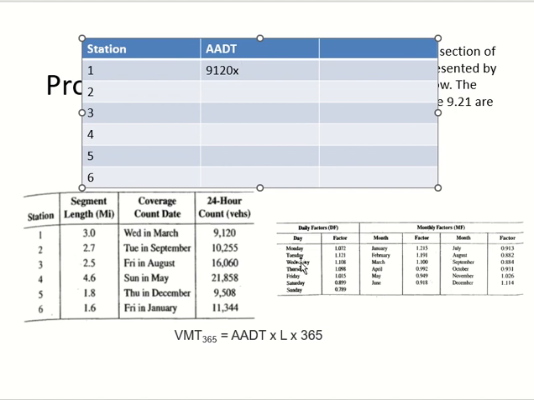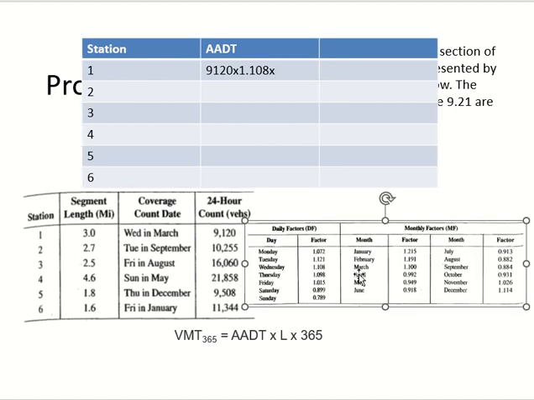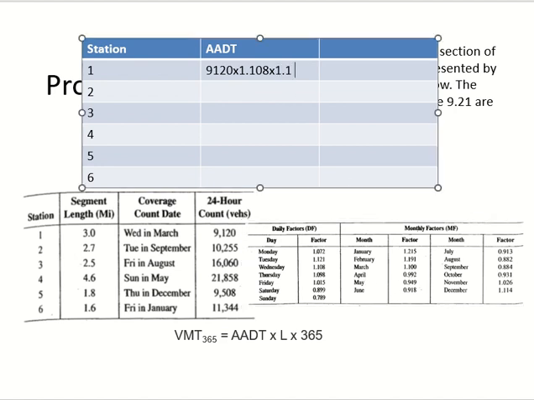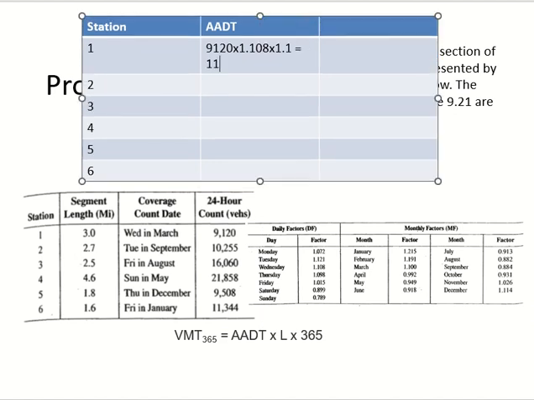The factor for Wednesday is 1.108. In March, the factor for March, let me make it bigger. Where is it? 1.1. So my AADT is how much? 1115.